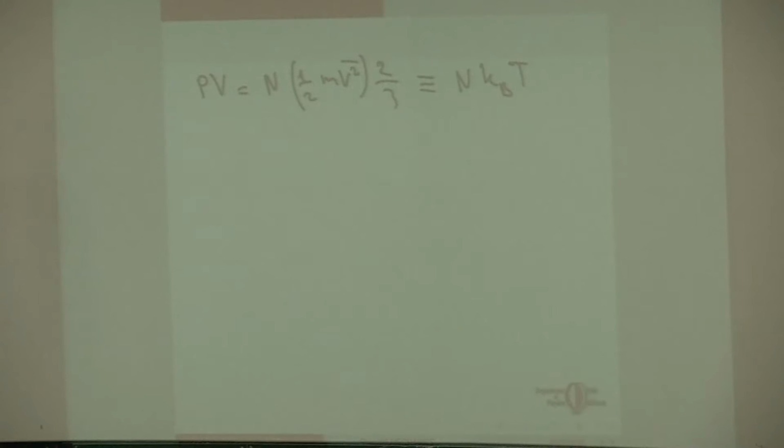They should both be equal to the same quantity. But that also tells me that the average kinetic energy of the molecules inside my gas should be equal to 3 over 2 k_B times T.